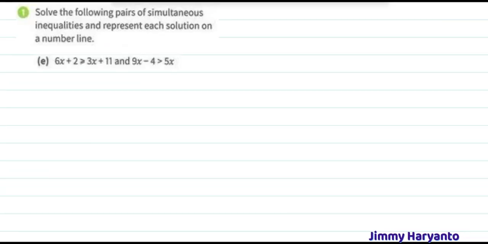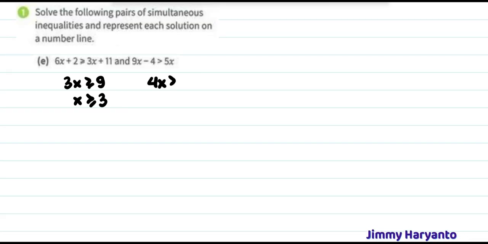And then next one is E. For E, I will move the 3x to the left hand side. 6x minus 3x equals to 3x, greater than 11 minus 2 equals to 9. So x greater than or equal to 9 divided by 3 equals to 3. For this one, 9x minus 5x equals to 4x. And then I will move the negative 4 to the right hand side.